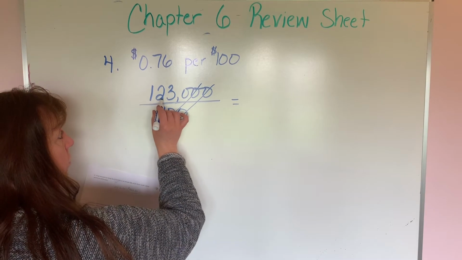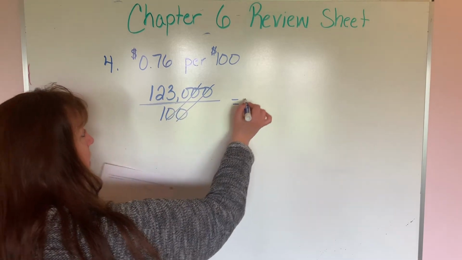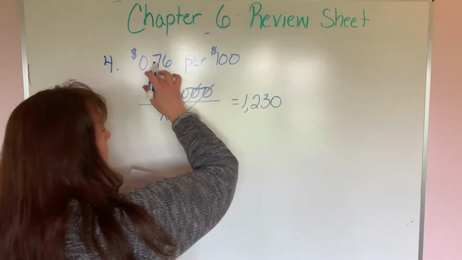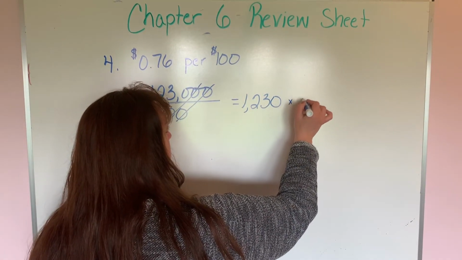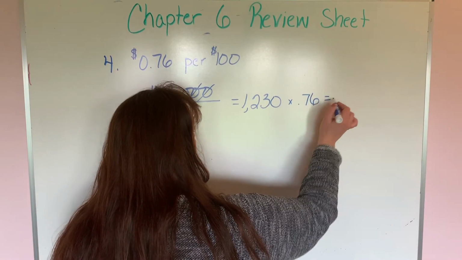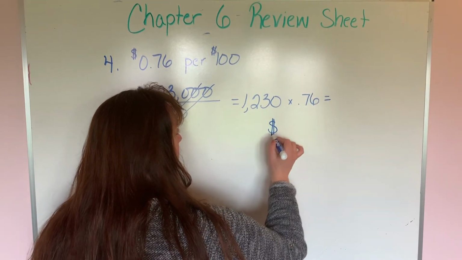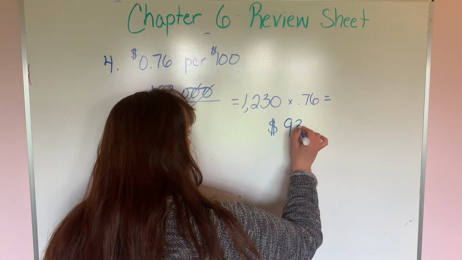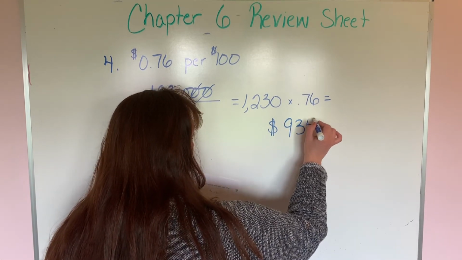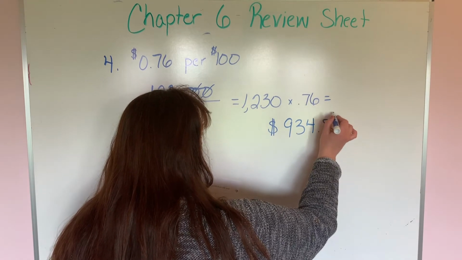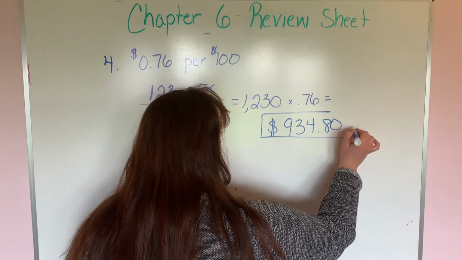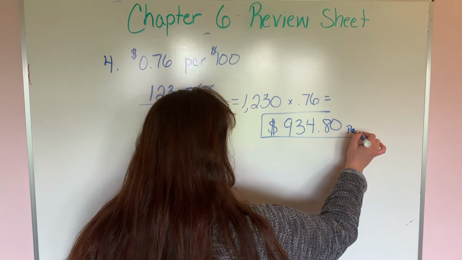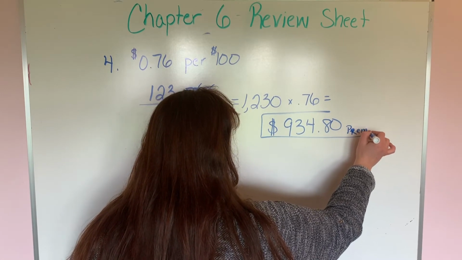I get 1,230 divided by 1 is 1,230. Times it by the 76 cents per 100. Our premium is going to be $934.80. That would be the premium for the year.